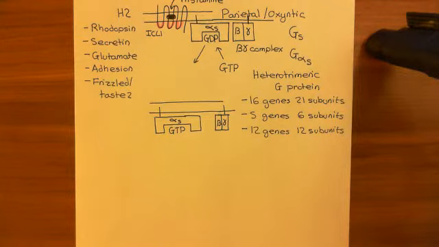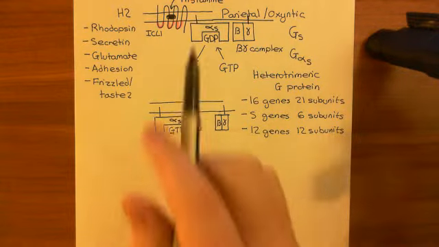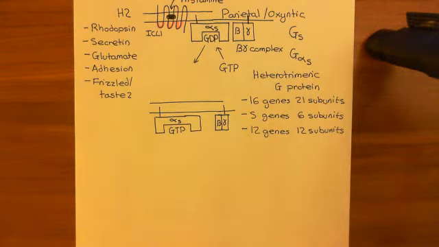Now what happens is initially the inactive heterotrimeric G protein, in which the alpha S subunit has GDP bound, together with the beta and the gamma complex, comes and binds to this special binding domain on the cytoplasmic side of the H2 receptor.